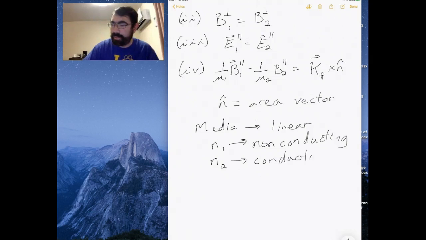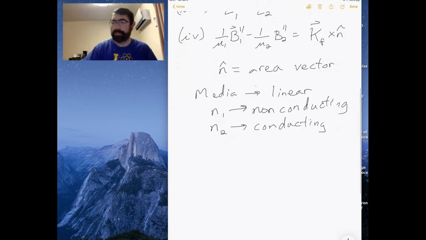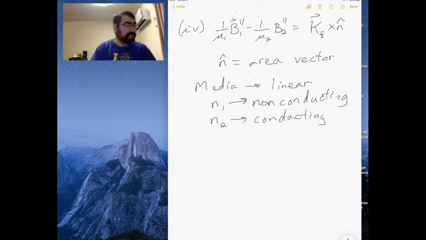So it's something like light coming in from air, that's medium 1, incident on a metal like, I don't know, silver, medium 2 on the other side. So it's almost like we're building a mirror.